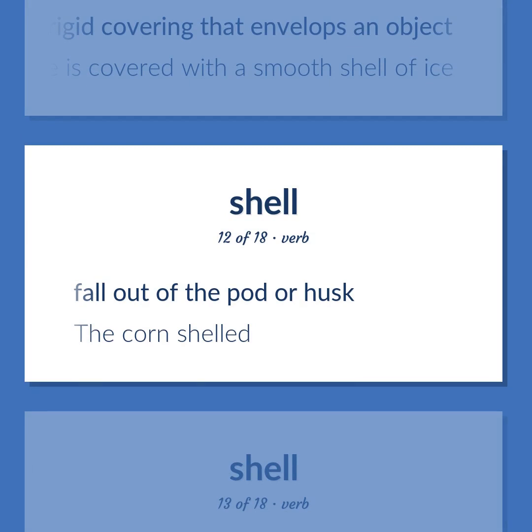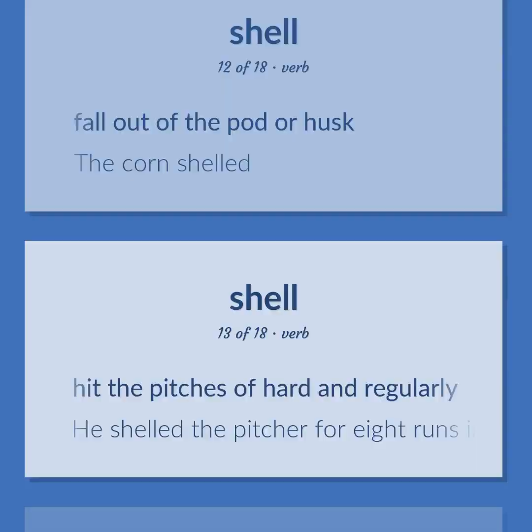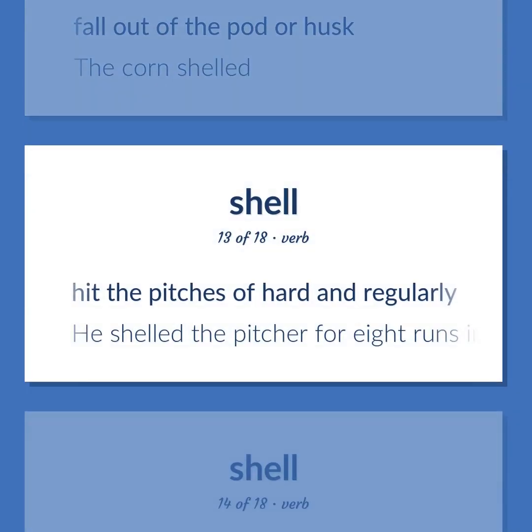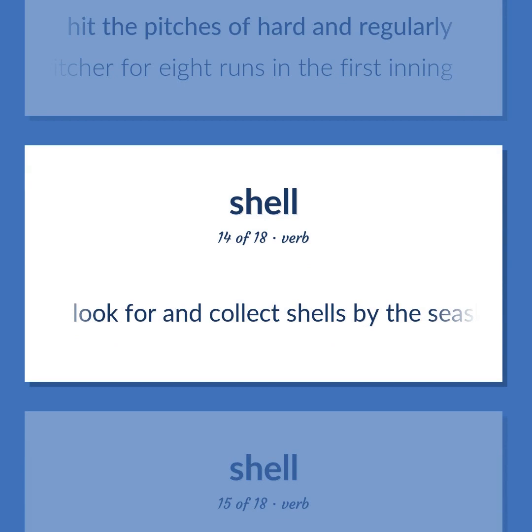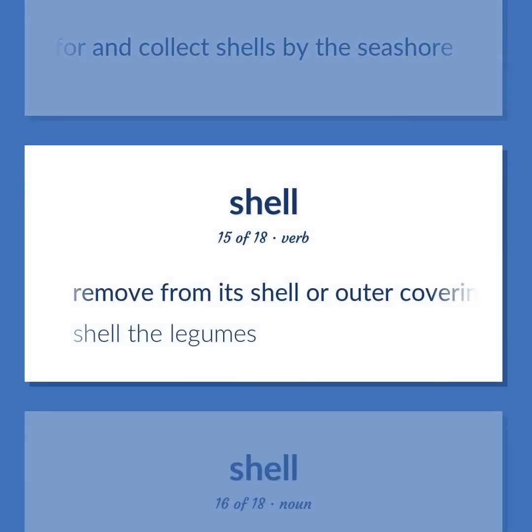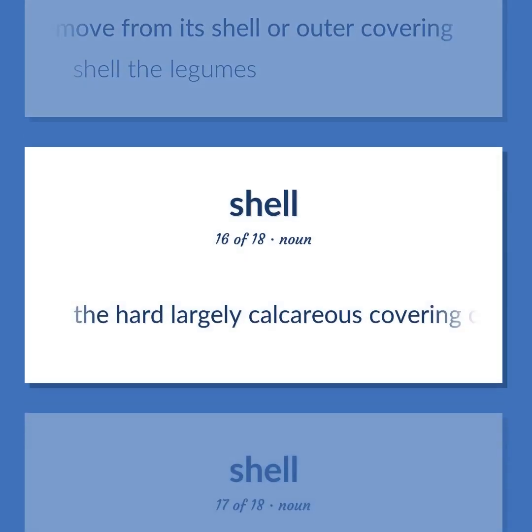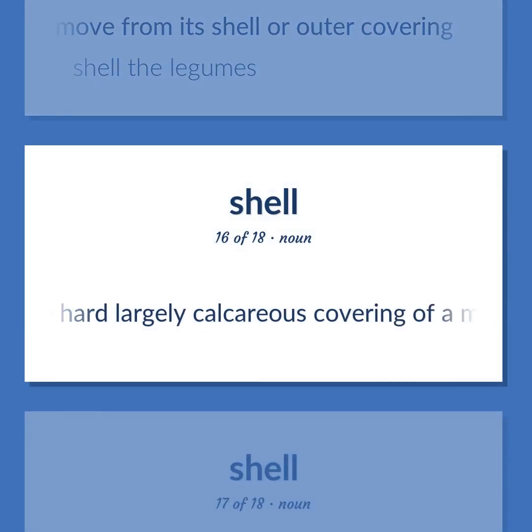Fall out of the pod or husk. The corn shell. Hit the pitches hard and regularly. He shelled the pitcher for eight runs in the first inning. Look for and collect shells by the seashore. Remove from its shell or outer covering. Shell the legumes. The hard, largely calcareous covering of a mollusk or a brachiopod.